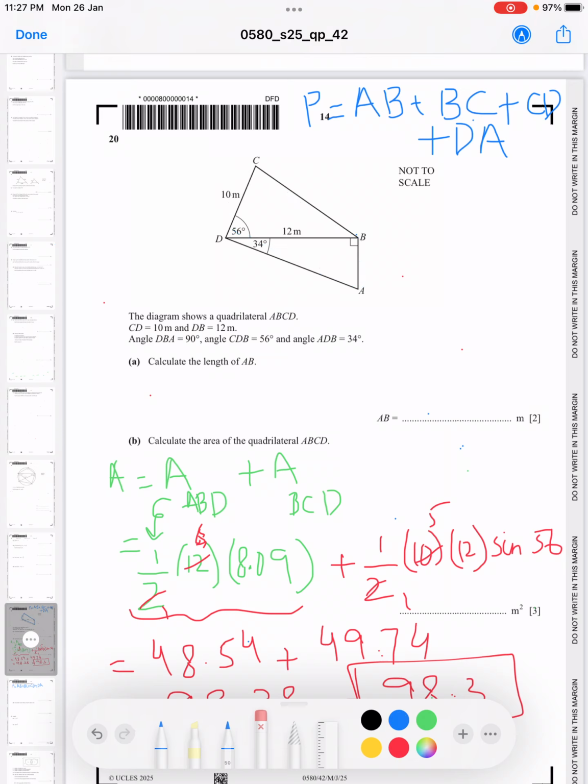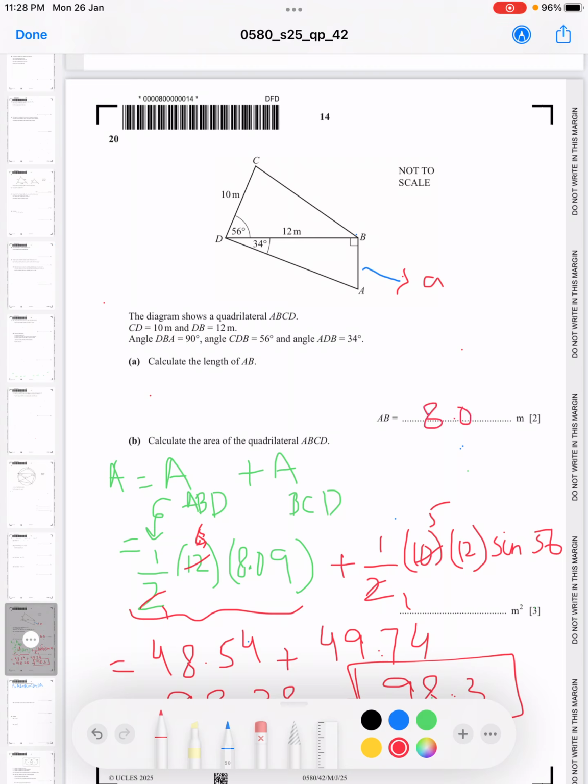Okay, let's again raise it. And also I think you should raise this one, because the formulas are long. Okay, so AB we calculated in part A, right? We know its value, I think 8.09. Yes, 8.09.